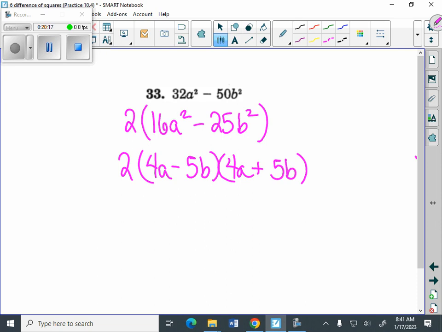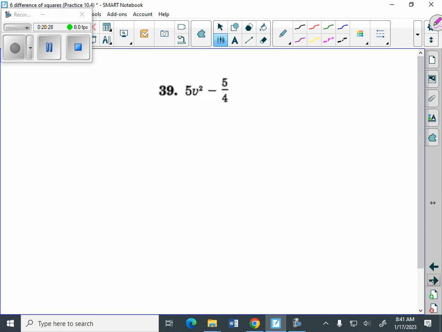So hopefully at this point, you've really gotten into a routine. Looking for the greatest common factor, looking for the minus sign, taking the square root, and then what happens? Then I put a fraction in the problem. And I know that fractions aren't your friend, but just because there's a fraction in the problem does not mean that we can't factor this.